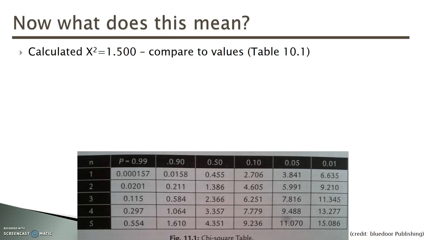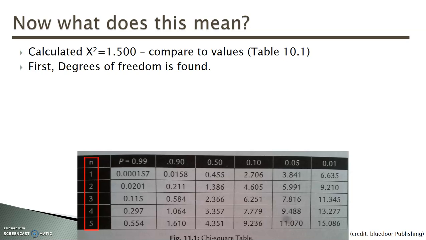To use this table, it doesn't matter what figure number it is, you are going to first find what is called the degrees of freedom. For our purposes, the degrees of freedom is going to be the number of outcomes minus 1, and that is going to give us the n value on this table. You notice here we go n 1 through 5. Obviously this can be much higher, but we are not going higher than 5 in this lab.